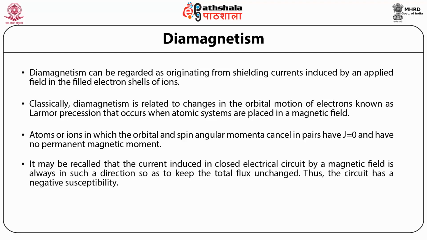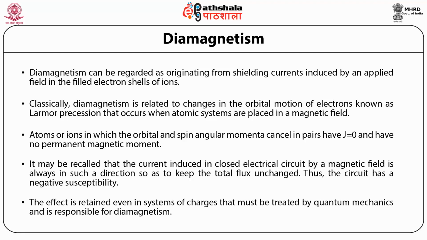It may be recalled that the current induced in a closed electrical circuit by a magnetic field is always in such a direction as to keep the total flux unchanged. Thus, the circuit has a negative susceptibility. The effect is retained even in systems of charges that must be treated quantum mechanically, and is quantum mechanically responsible for diamagnetism.